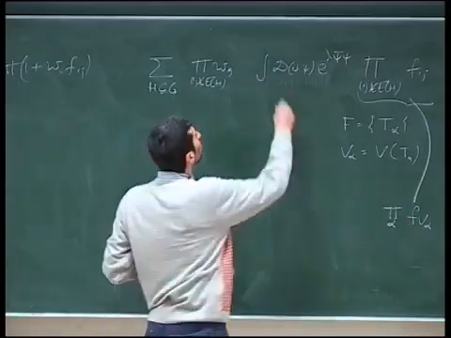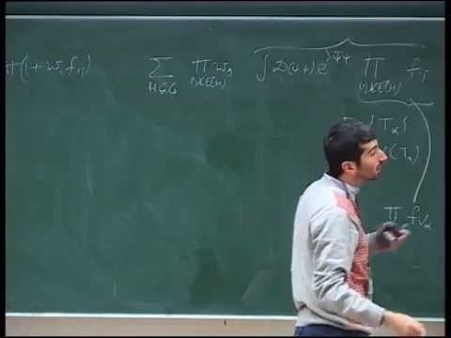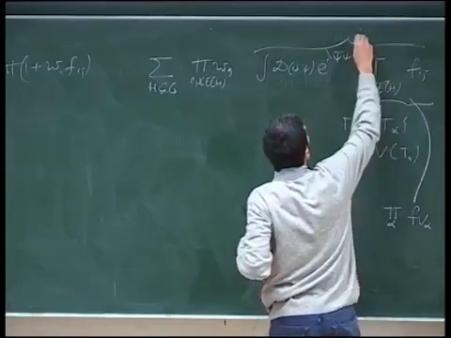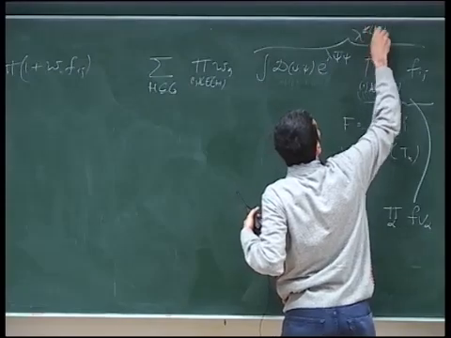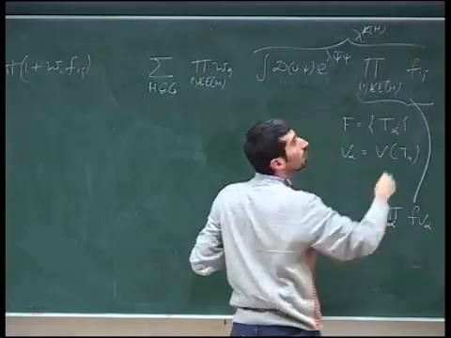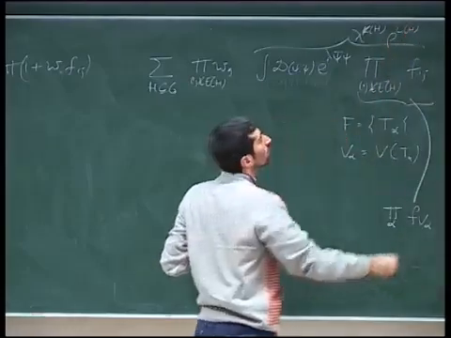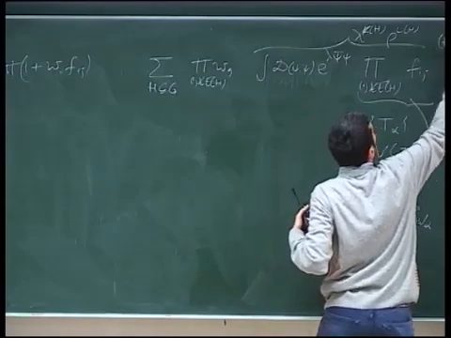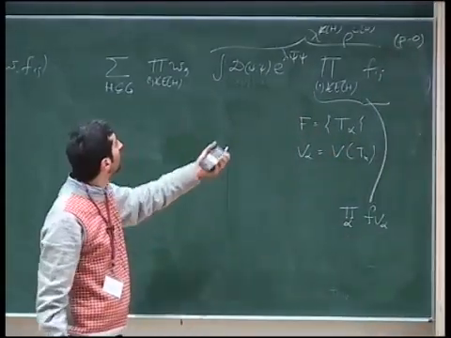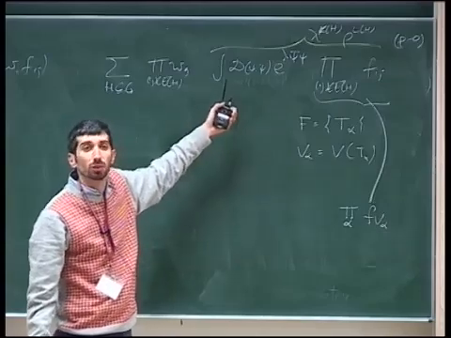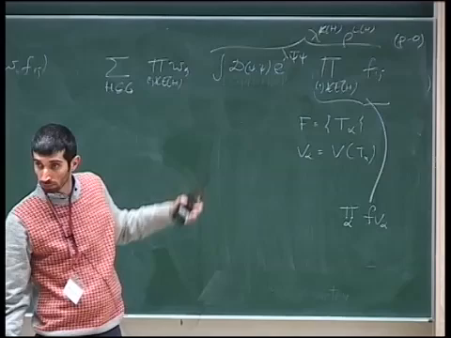The only way in which I can get here the claimed result, which is lambda to the k of h, provided that rho to the L of h is 0, is that for every tree component, this is producing exactly a lambda.